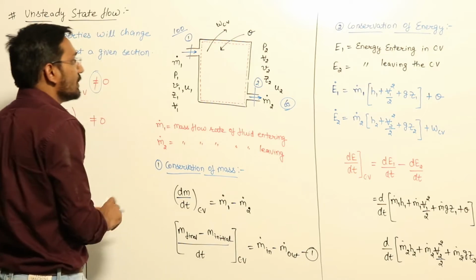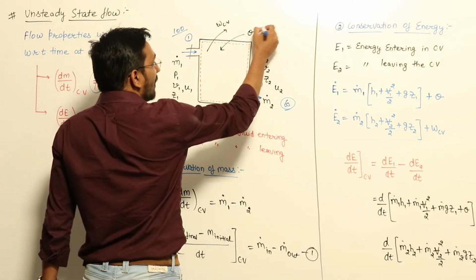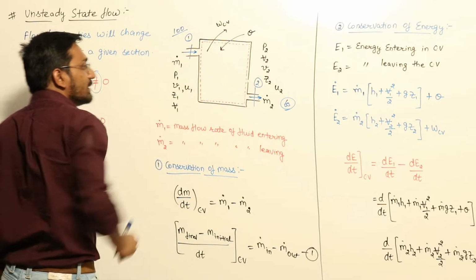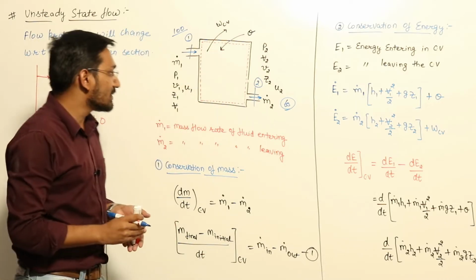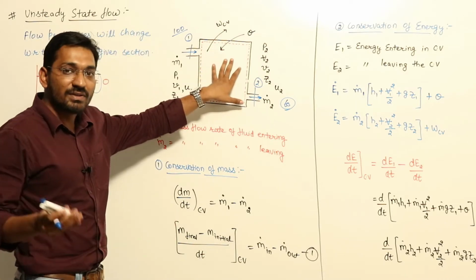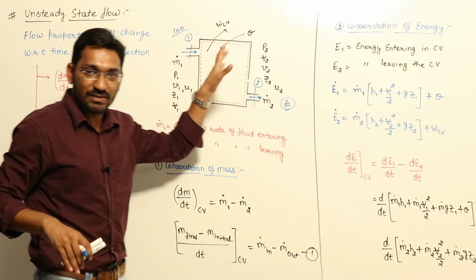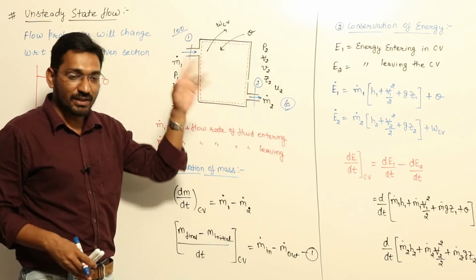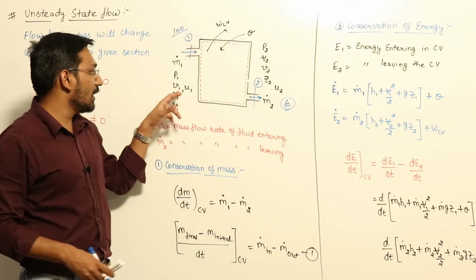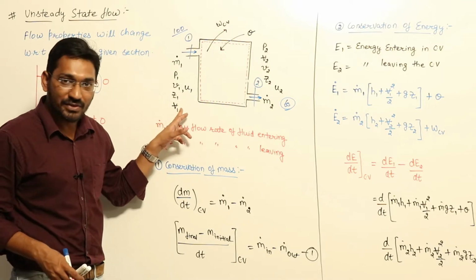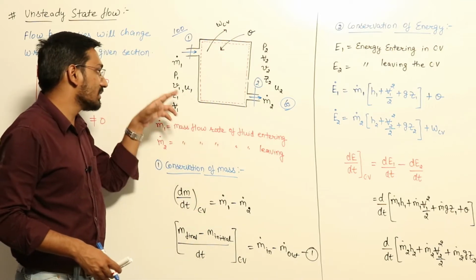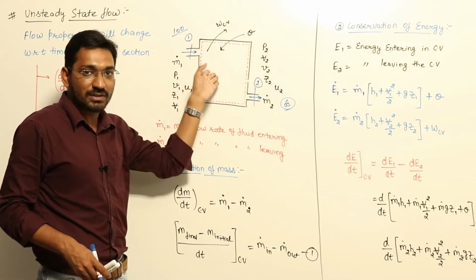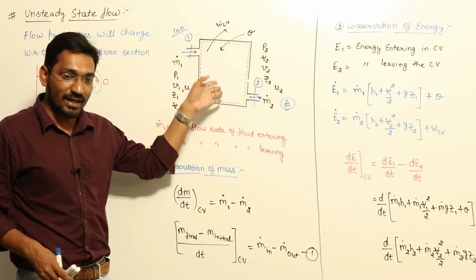And we are assuming that some amount of heat, that is Q, is added to the system. So the energy coming inside the system is the internal energy at the inlet, flow work, kinetic energy because of velocity V1, potential energy because of height, and the heat Q. This is the energy at inlet.